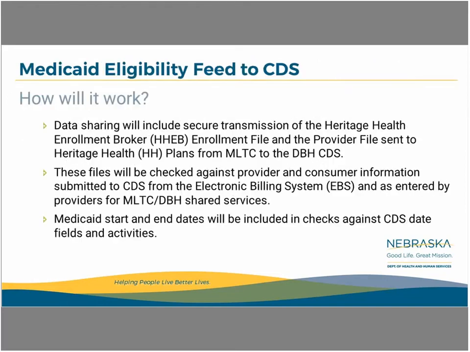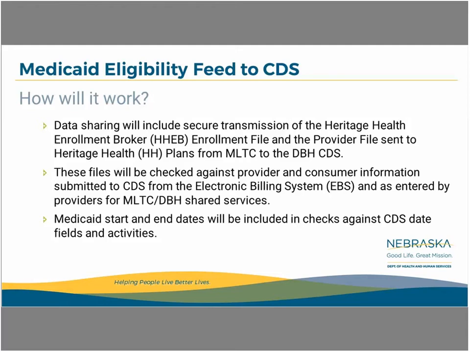So how will it work? What will happen is we will use the same files that are currently sent through a secure transmission to the Heritage Health enrollment brokerages, so that we'll be using the same enrollment file for consumer member status on eligibility that the Heritage Health plans are using, in addition to the Medicaid provider file for all of the information related to their network of Medicaid eligible providers.